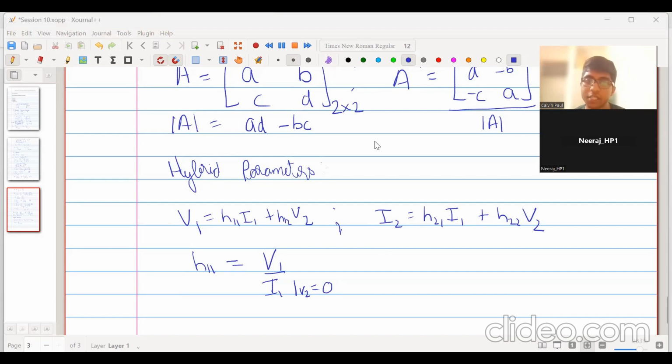I will open circuit the input side. You're correct. By open circuiting the input side, I will get H12 and H22.